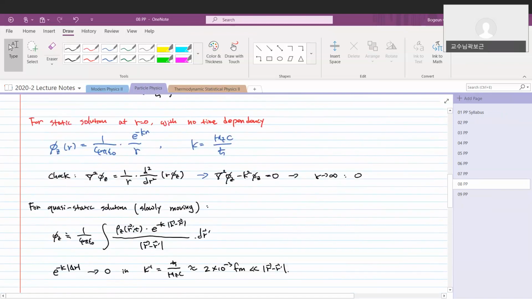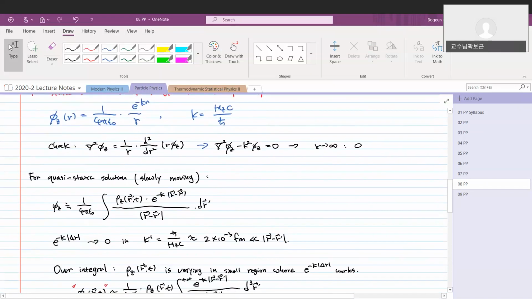If we find the static solution for such a potential, it is very similar to the Coulomb potential, but with an exponentially decreasing term. So the weak interaction is mediated by a massive boson, and the potential decreases much faster than in the electromagnetic case compared with the Coulomb potential.